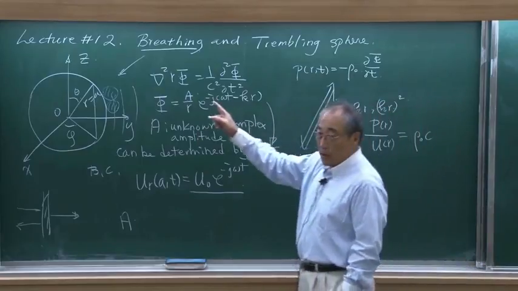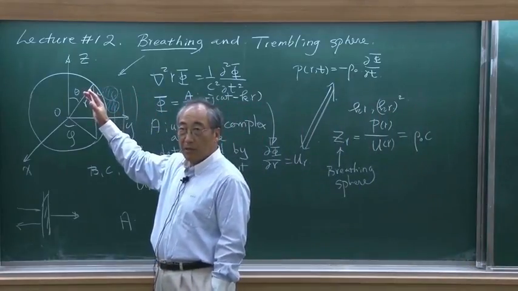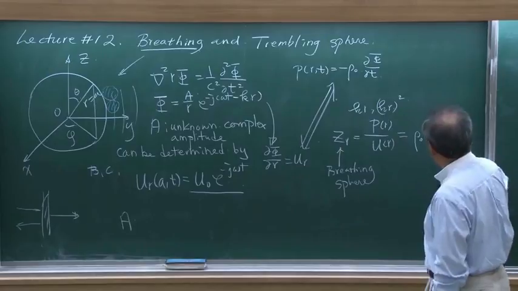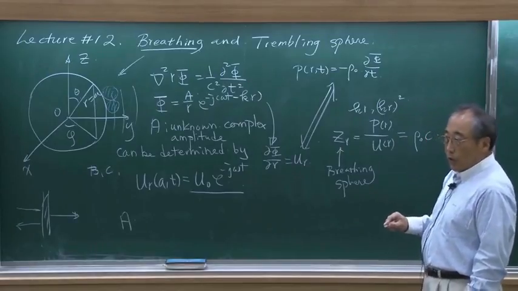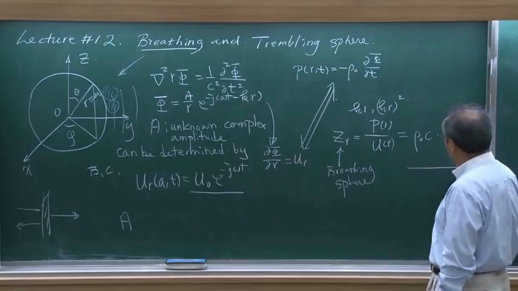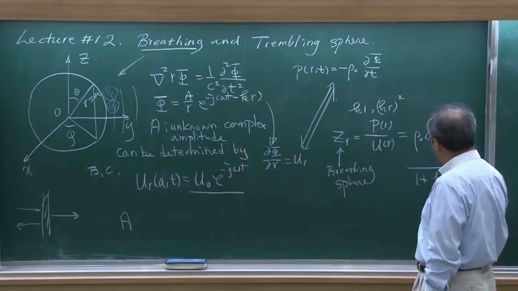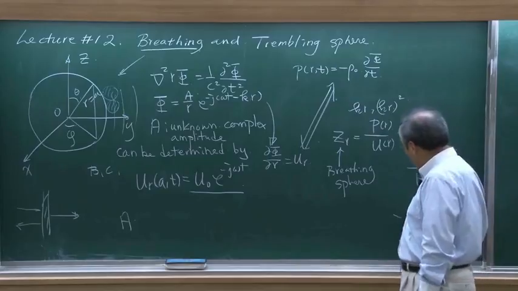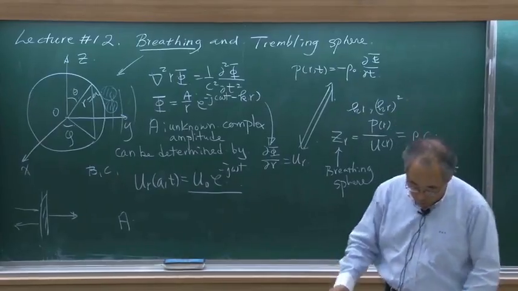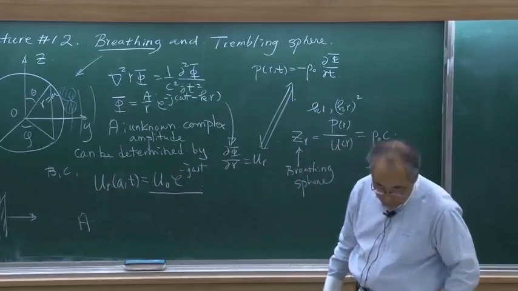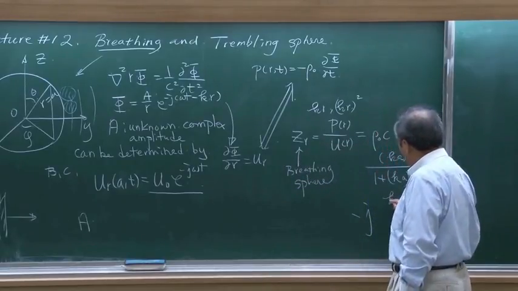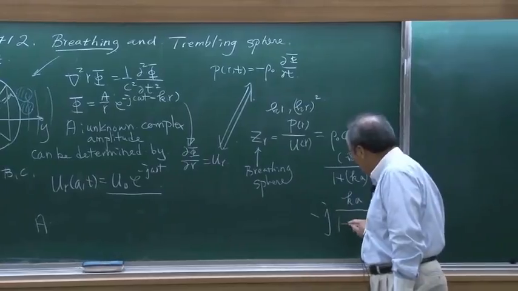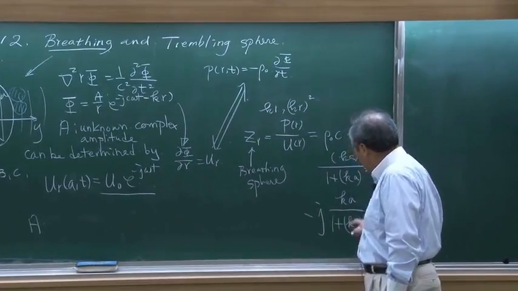But because the breathing sphere is not always the same as the plane wave, it is modified, and the modification factor that follows is somehow related with 1 plus ka squared and ka squared, that was the real part, and there is an imaginary part that I remember was minus j, and the numerator is ka instead of ka squared for the real part, and 1 plus ka squared, the same denominator.